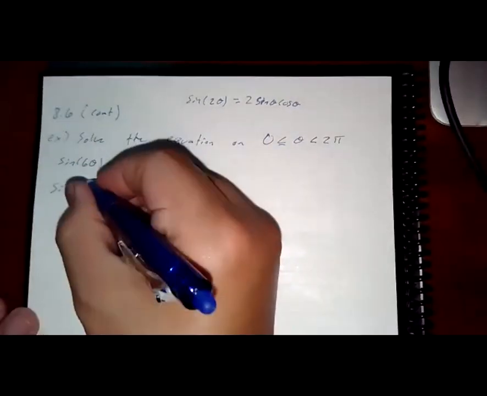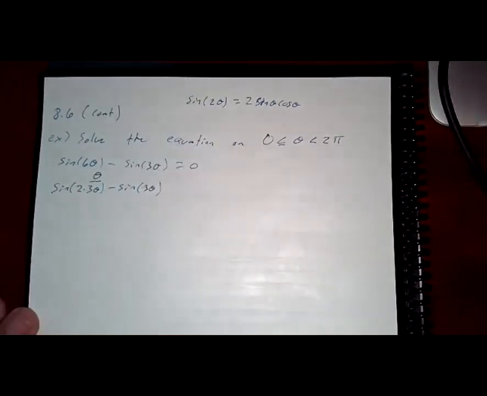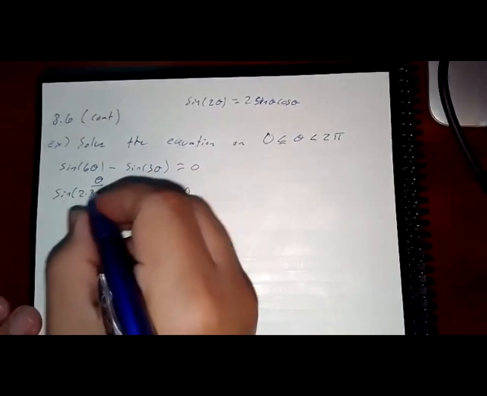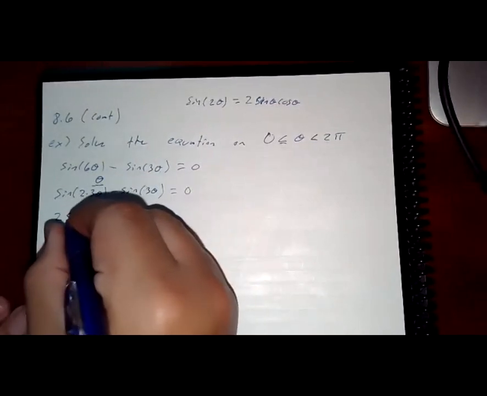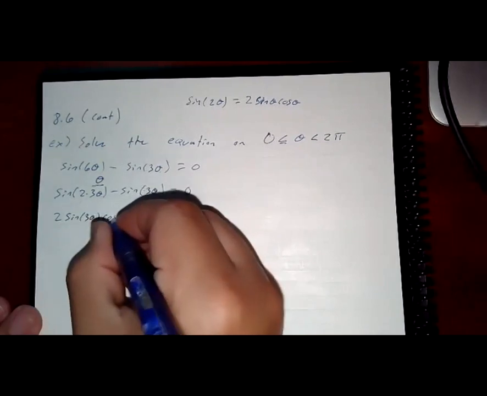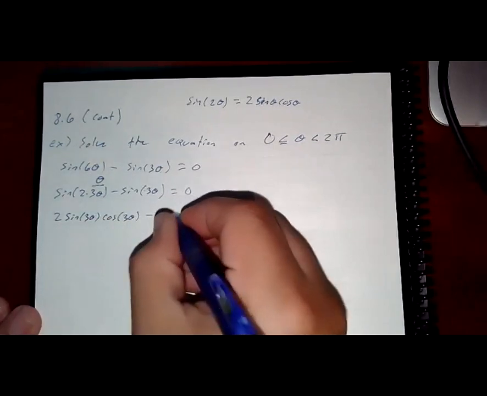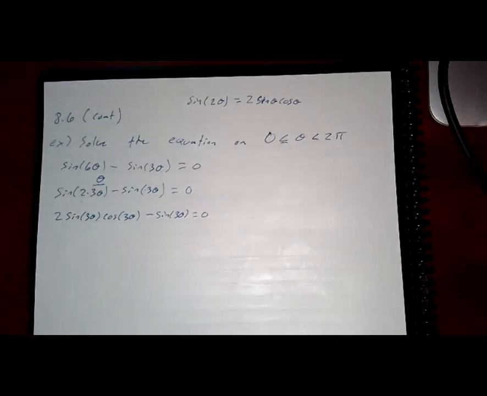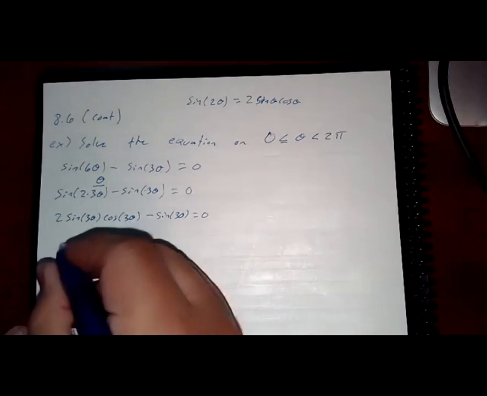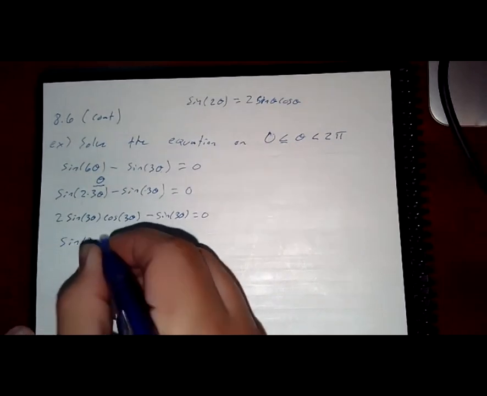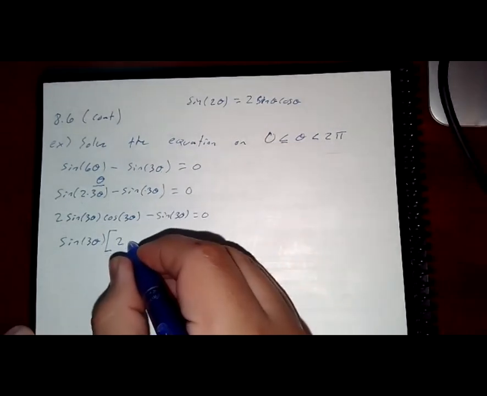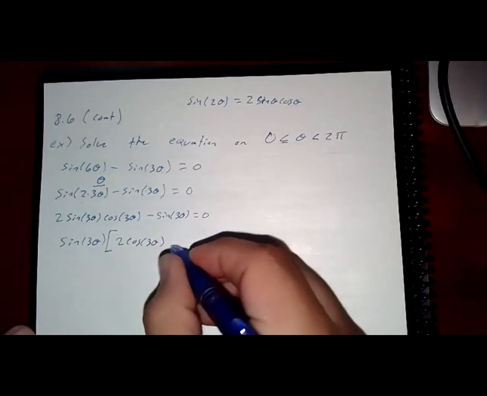So pretend this is like your one big theta. So I'm going to apply the formula to this here, giving us 2 times sine 3 theta cosine 3 theta. Now I can factor sine 3 theta. Factoring sine 3 theta from both of them would get me 2 cosine 3 theta minus 1.